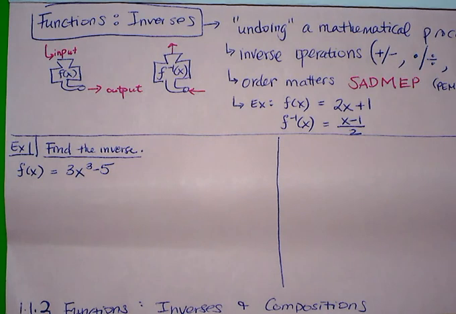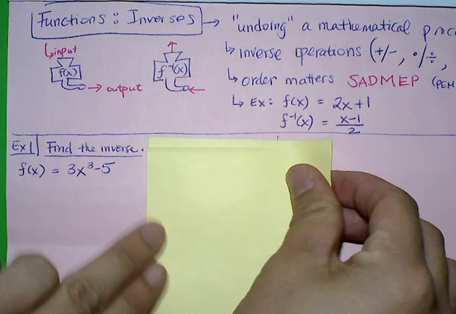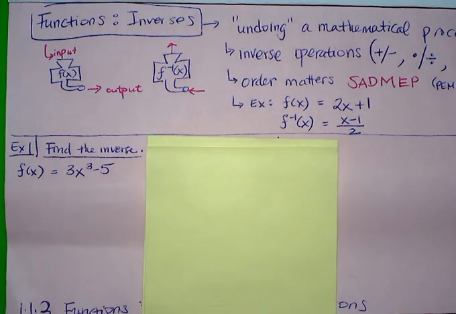All right. Let's think about this in 2 ways. What am I really doing when I take a number? I first cube a number, then I multiply by 3, and then I subtract 5.